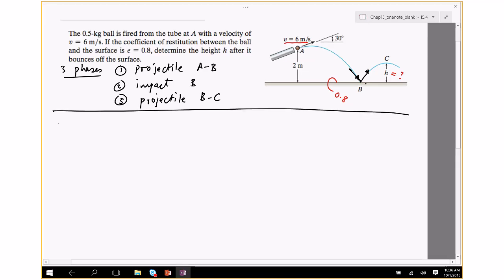So from 1, projectile from A to B, we're interested in finding the velocity here.